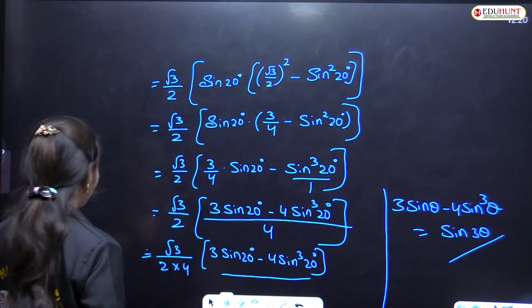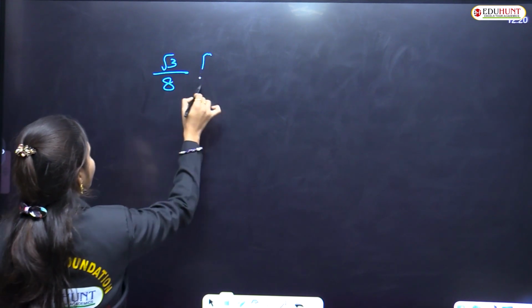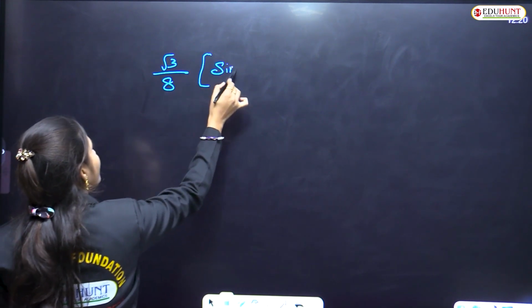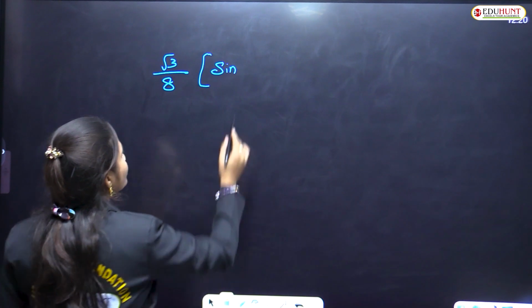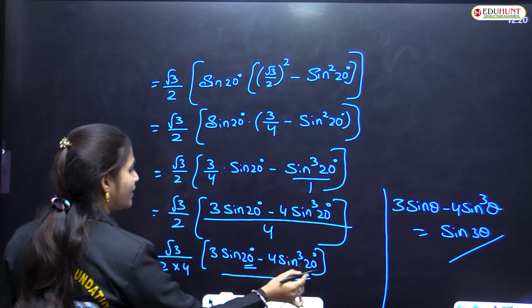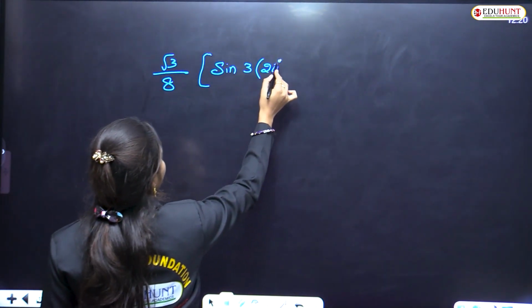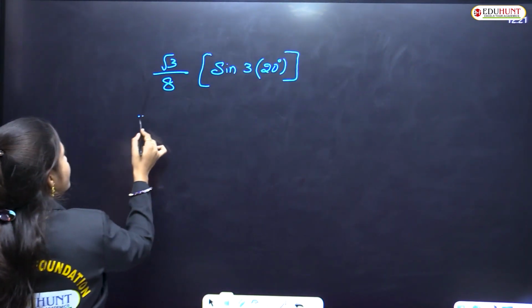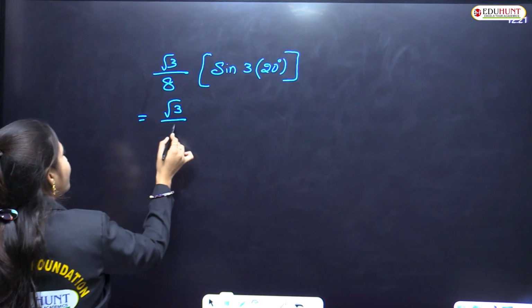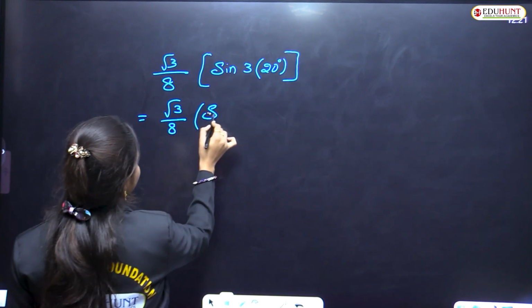So root 3 by 2 into 4, that is 8, into the formula sin 3 theta. So sin 3 into, at the place of theta, we have 20 degrees, so 3 into 20 degrees. So this equals root 3 by 8 into sin 3 into 20, which is sin 60 degrees.